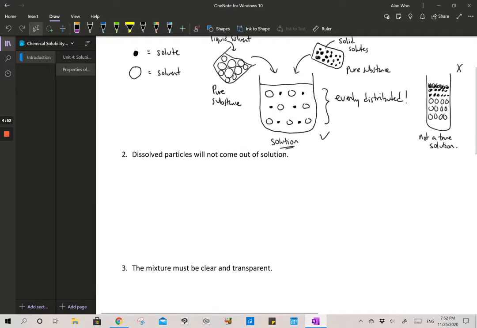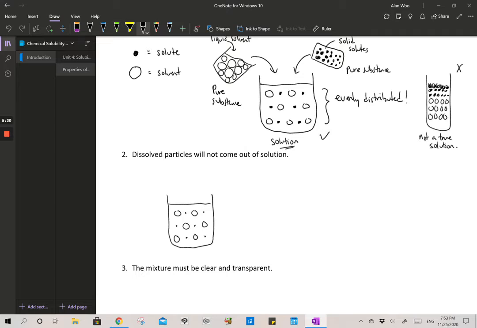So when we look at property number 2, or characteristic number 2, dissolved particles will never come out of solution. So this is true for the most part. Okay. So if we have, let's say, a solution, and again, I'll use the same system. They're evenly distributed.